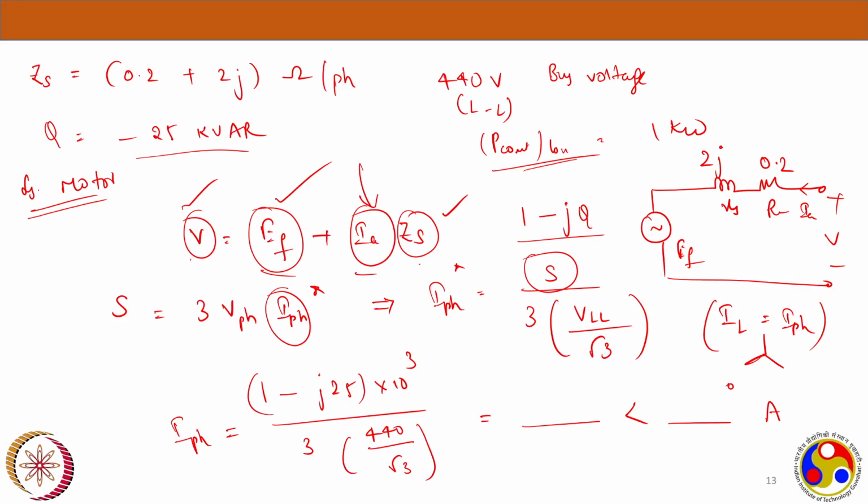Okay, so the answer should be around conjugate. I'm talking about conjugate 32.83 at an angle of minus 87.7 degree.